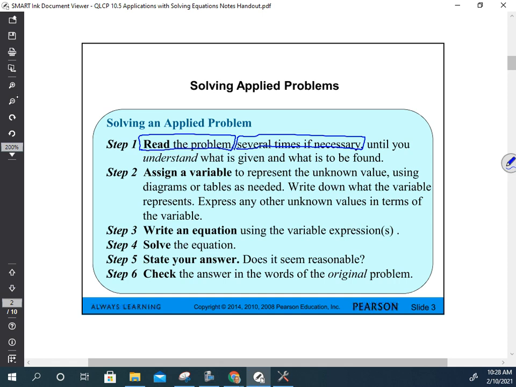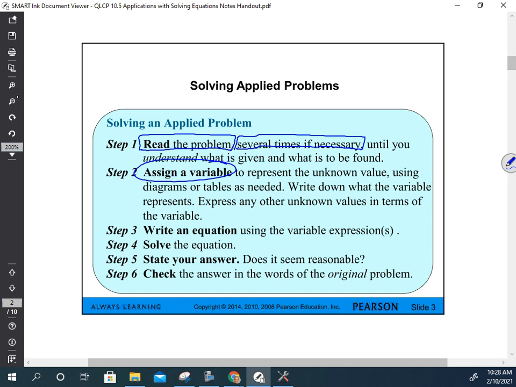In my graduate school classes, I found myself reading a problem 3, 4, 5 times just to make sure I understand what they're asking. Again, it's the mantra of you have time to do it right or you have time to do it over. Either make time to do it right or make time to do it over. So, read the problem, assign a variable to represent what you're missing.